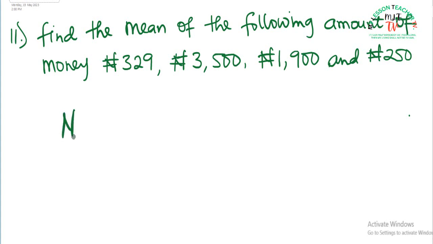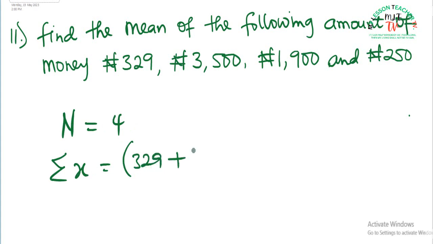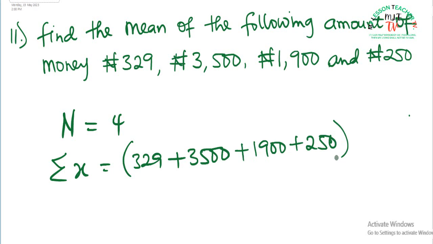Where we have n equal to 4 and summation x equal to 3,209 plus 3,500 added to 1,900 and 2,250.